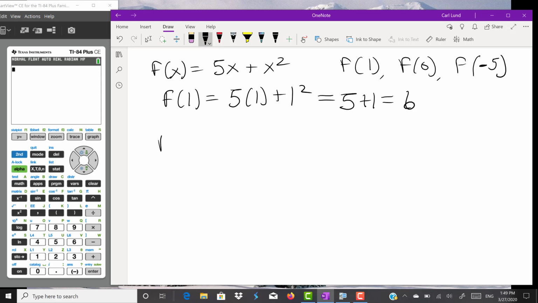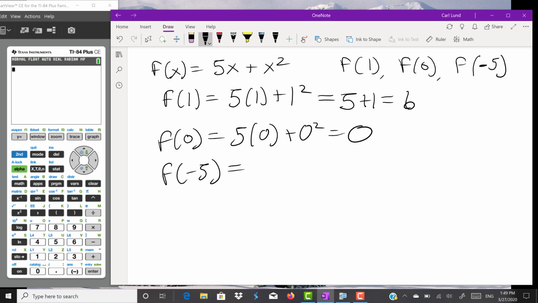Now I'll do f of 0. For f of 0, I just replace x with 0. So 5 times 0 is 0. 0 plus 0 is 0. f of 0 is 0. And then I'm doing f of negative 5.